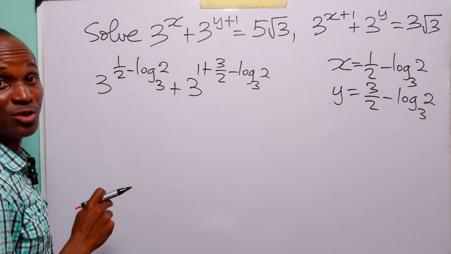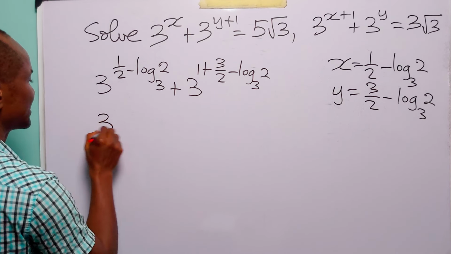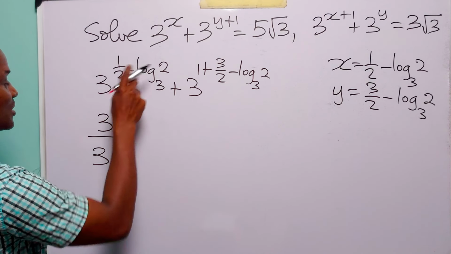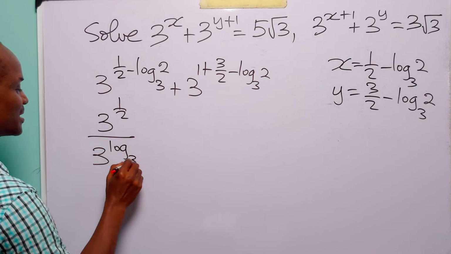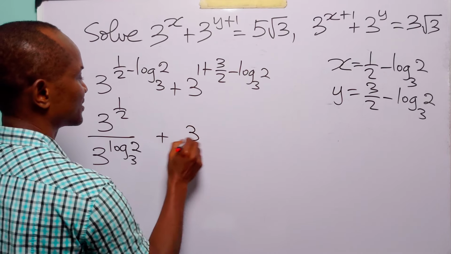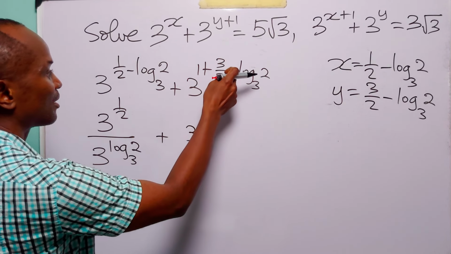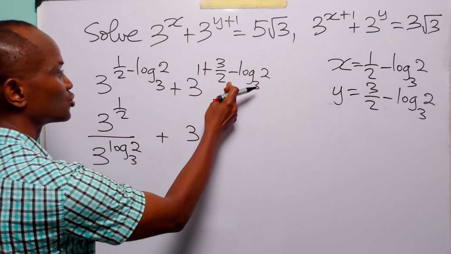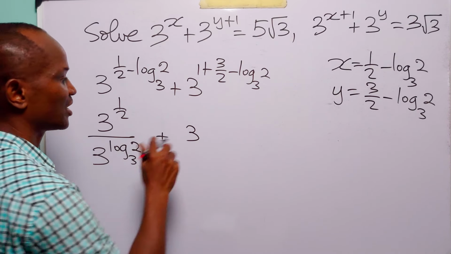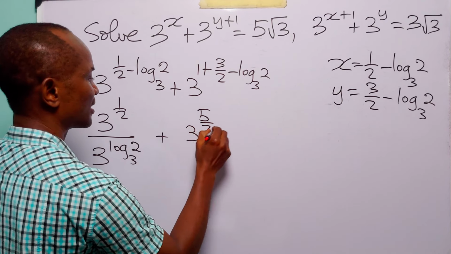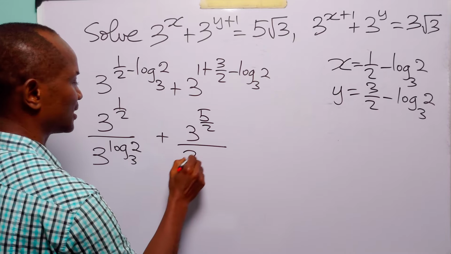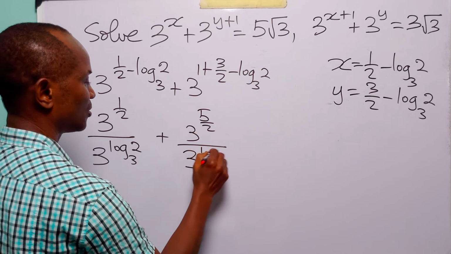Now, because of this subtraction, we can write this as 3 to the power half divided by 3 to the power log to base 3 of 2 plus 3 to the power, now 1 plus 3 over 2. 2 times 1 is 2 plus 3, that is 5. So we have 5 over 2 divided by, once more because of this subtraction, 3 to the power log to base 3 of 2.